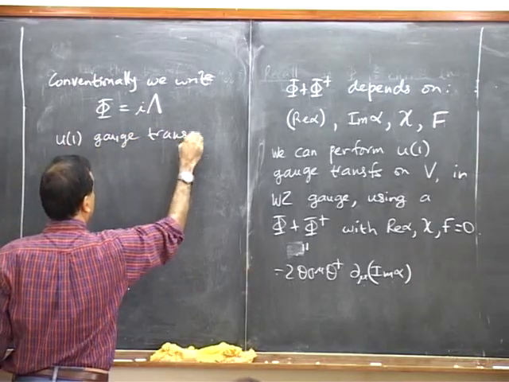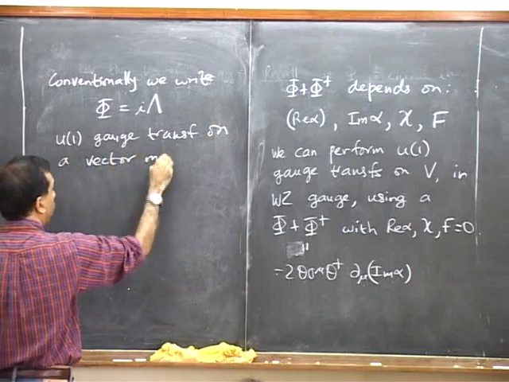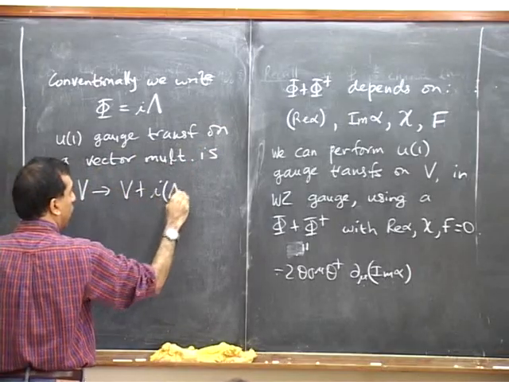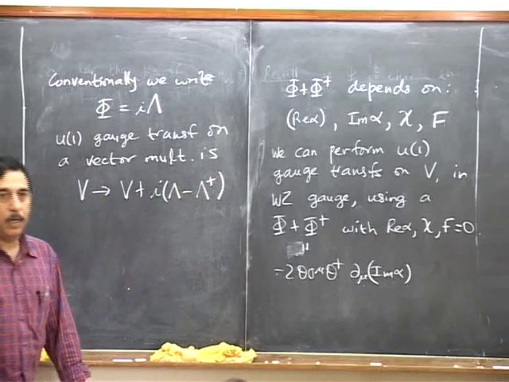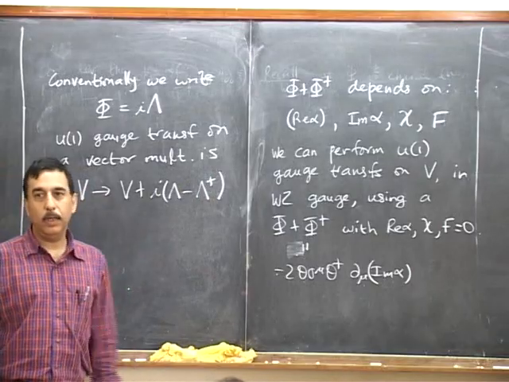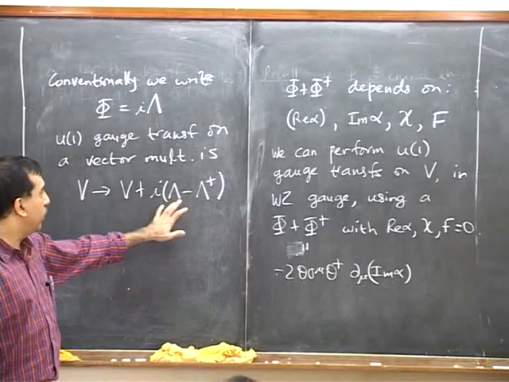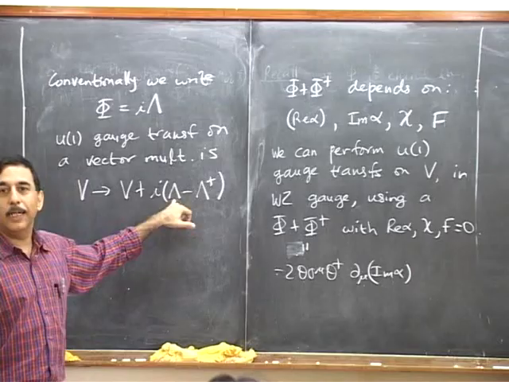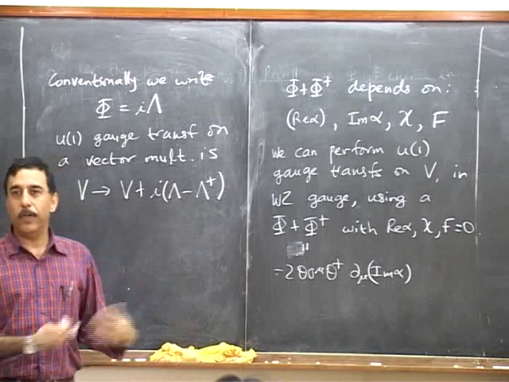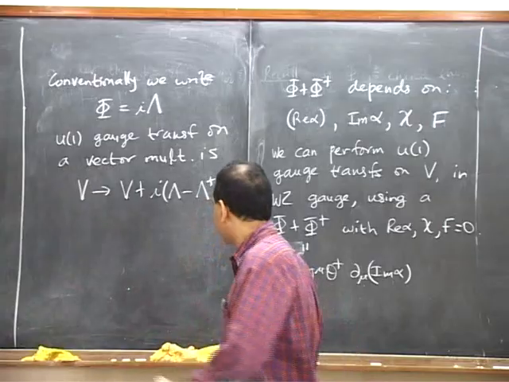So the summary of all I have said up to now, the U1 gauge transformation on a vector multiplet is V goes to V plus I lambda minus lambda dagger. Lambda will have the same expansion that I wrote for phi. The difference is lambda emphasizes the nature of this superfield, that it's a gauge parameter superfield and not a fundamental field. So we'll reserve phi from now on for fundamental chiral superfields. Good.